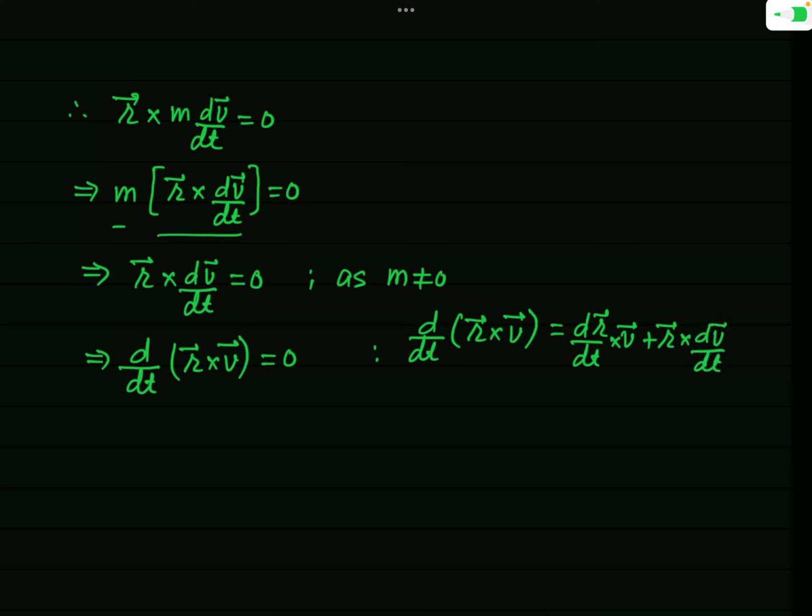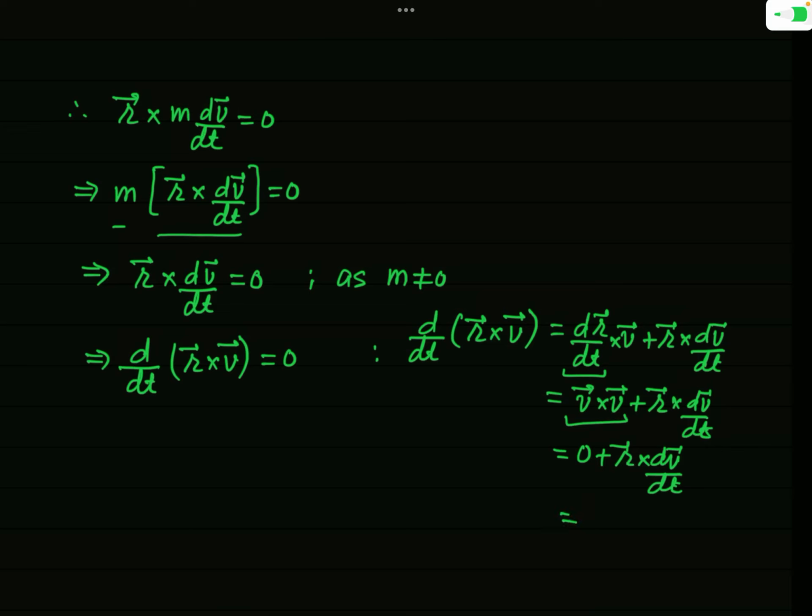Now you know that dr by dt is the velocity of the particle v. So this is simply v cross v plus R cross dv by dt. But you know that this v cross v will be 0. So this is 0 plus R cross dv dt, because v cross v is 0.